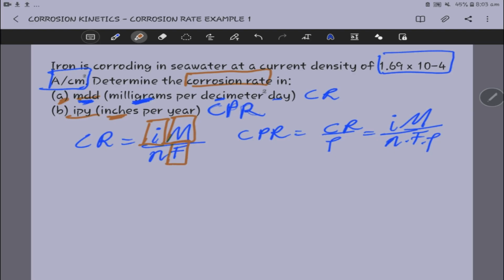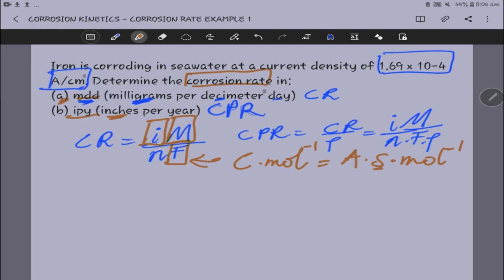Faraday's constant is usually in coulomb per mole, which is the same as ampere second per mole. That will mean I will have to change the seconds here to days, so that it matches what is there and you can move directly to the answer you're looking for.